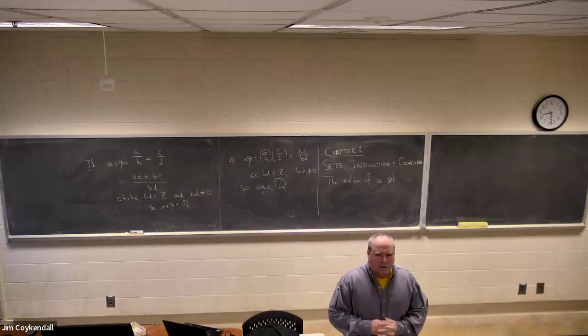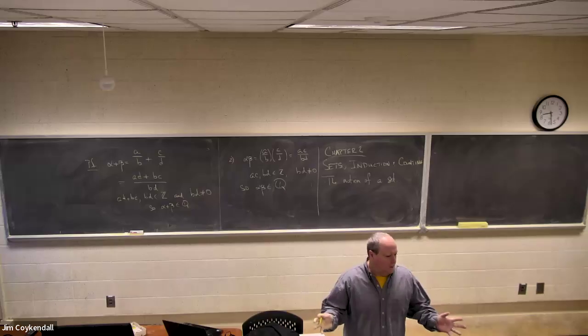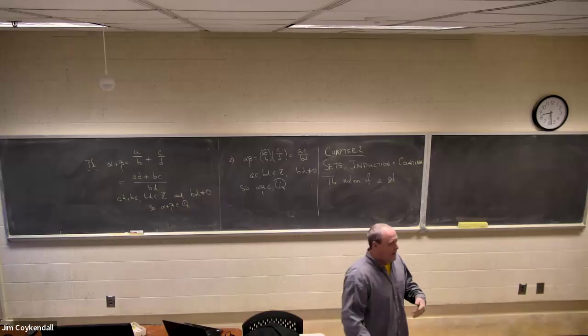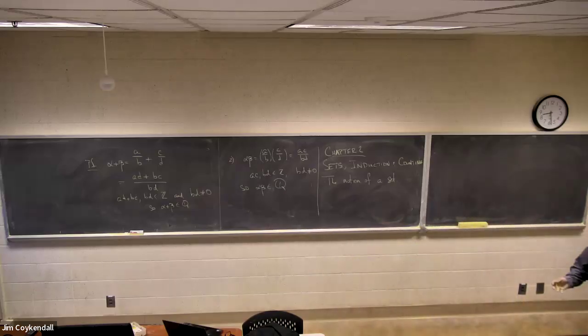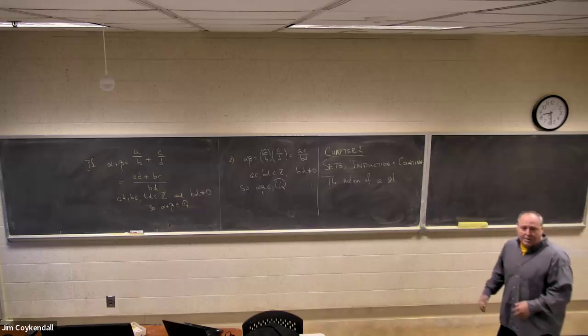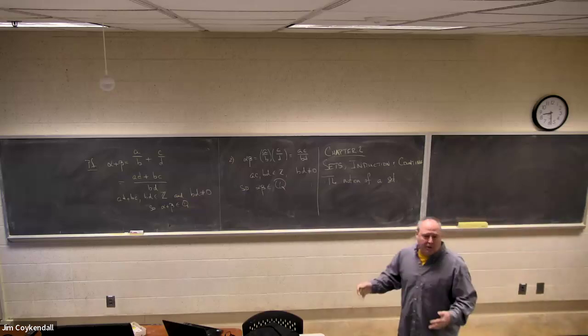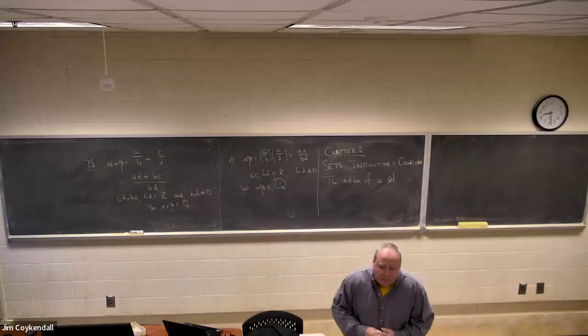the set of people in this room is the collection of all you all and me, right? We might look at the set of all people that have blue eyes in this room, or the set of people who drove a vehicle to come to school today.